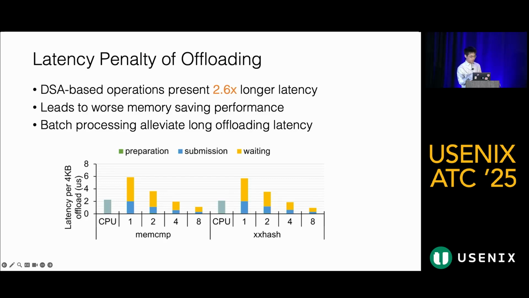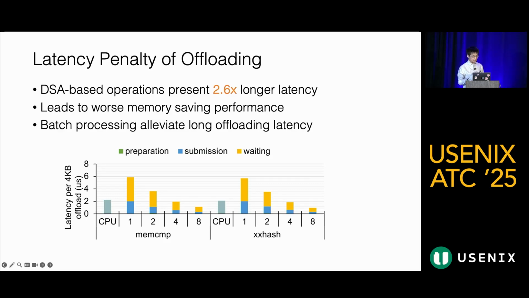In this figure, we compare the latency of page comparison, mem-compare, and checksum calculation when they run on the CPU or when they are offloaded to DSA with various batch sizes 1, 2, 4, and 8. When the batch size is 1, meaning that we offload the operations one by one sequentially, the DSA-based operation presents 2.6 times longer latency than the CPU-based one, which in turn leads to worse memory saving performance.